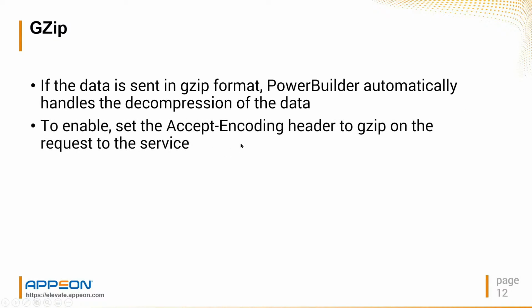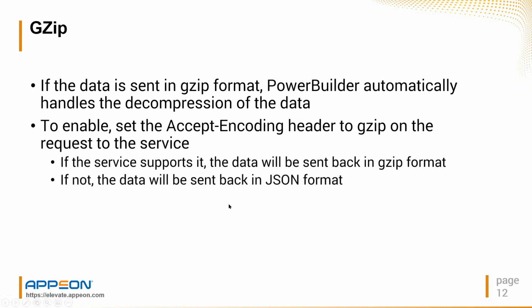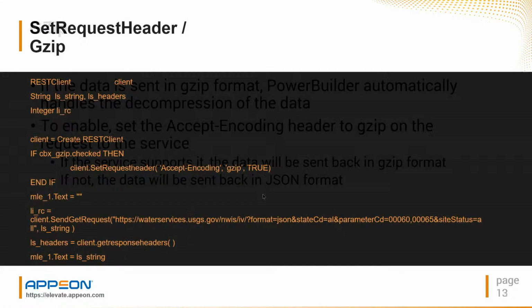The way you get the data in Gzip format is you set an Accept-Encoding header to Gzip in your request to the service. Now that doesn't automatically mean you'll get the data in Gzip. That just means if the service supports doing that, it will send the data in Gzip. If not, then you'll just get back JSON anyway.